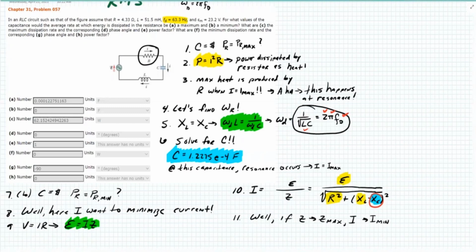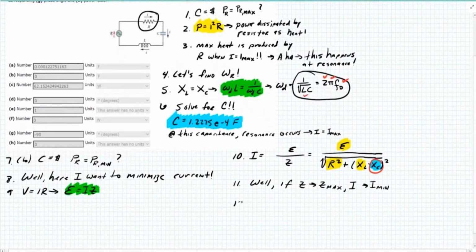So number 12 says, if XC equals, C means in the cellar, omega D times C, I can say the following. If C equals 0, that means X sub C goes to infinity.